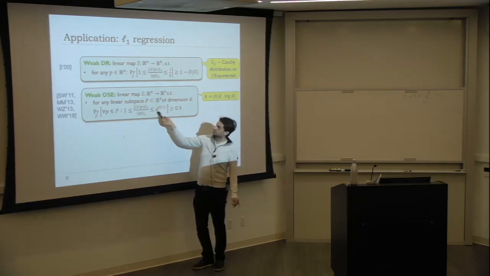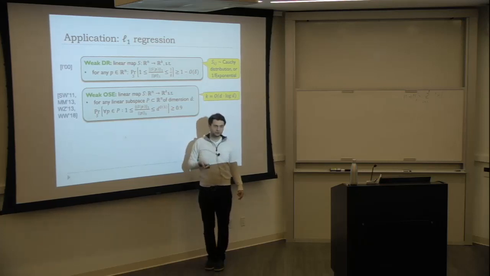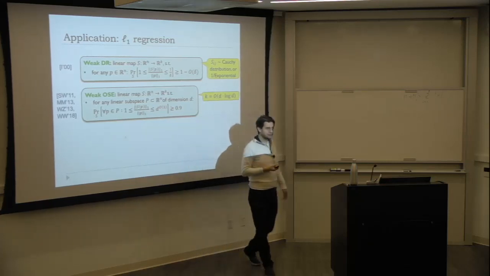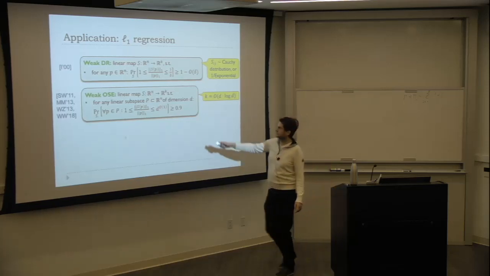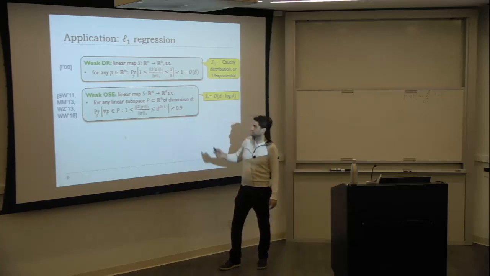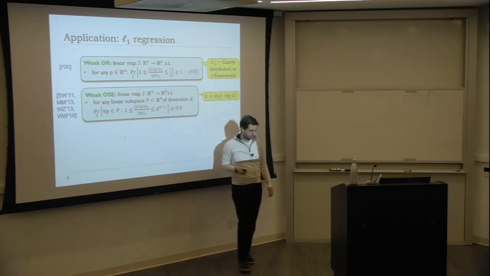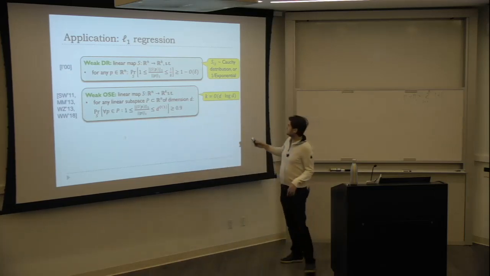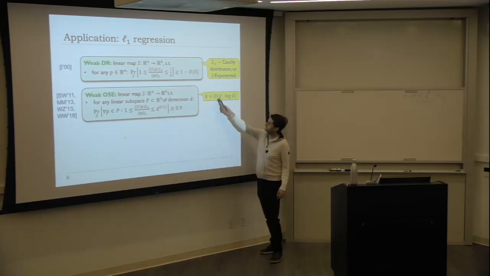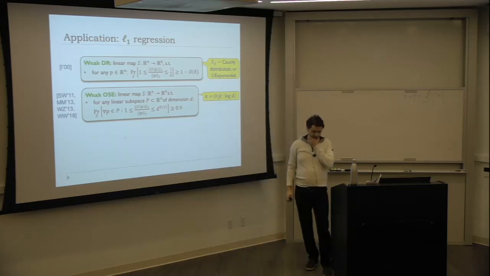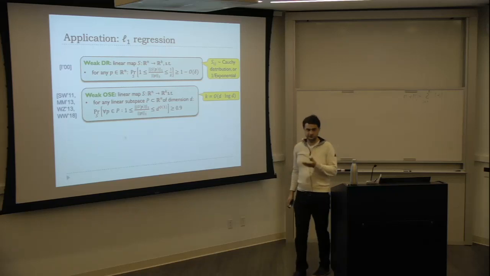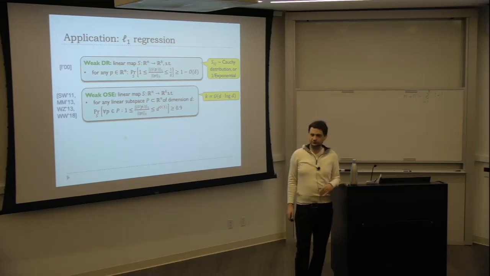So for L1 we get a much weaker oblivious subspace embedding, where the approximation is much, much higher. It depends on the dimension of this linear subspace, so it gives some polynomial. And the target dimension k that one needs to take is roughly d times log d. So that sounds bad. Are we getting L1 regression only up to this polynomial in the approximation?